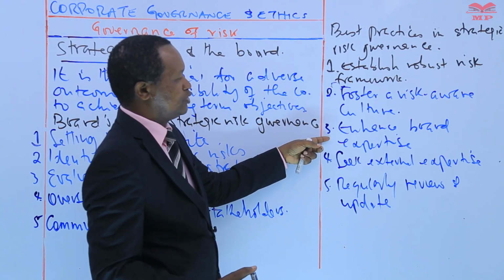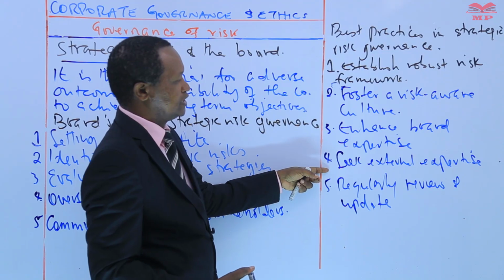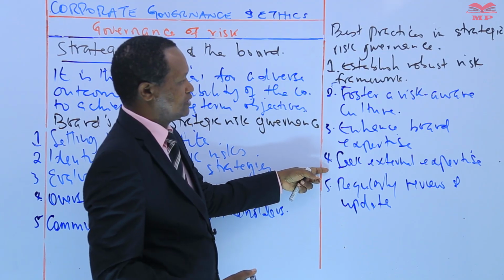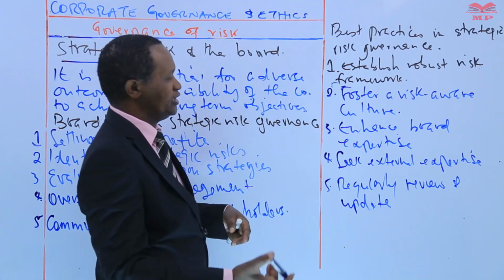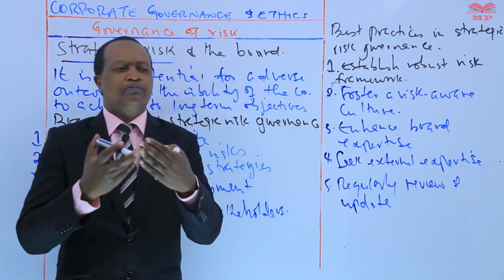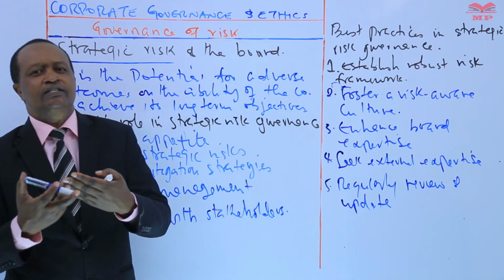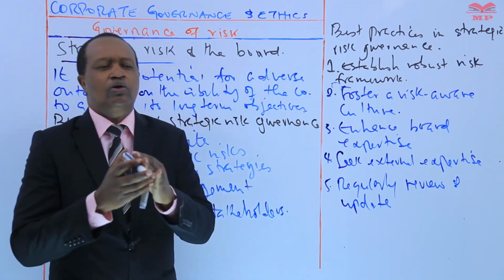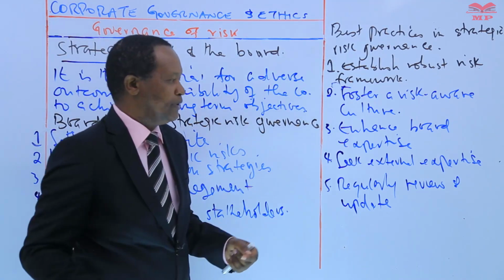Three, enhancing board expertise. Four, seeking external expertise. And lastly, regularly reviewing and updating the company's risk profile and mitigation strategies on an ongoing basis. Here is today's assignment.